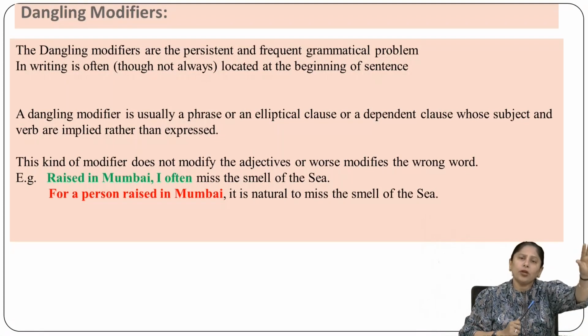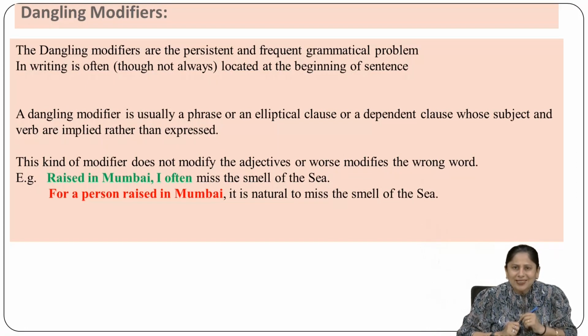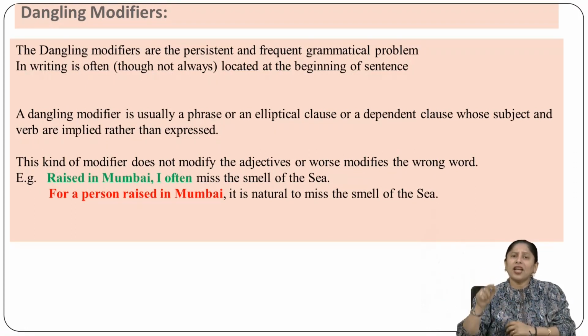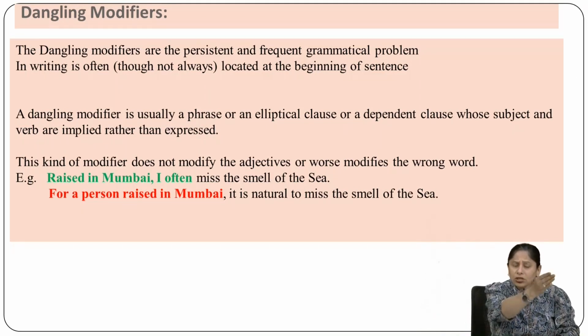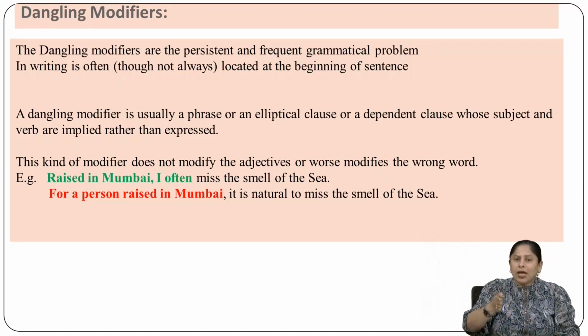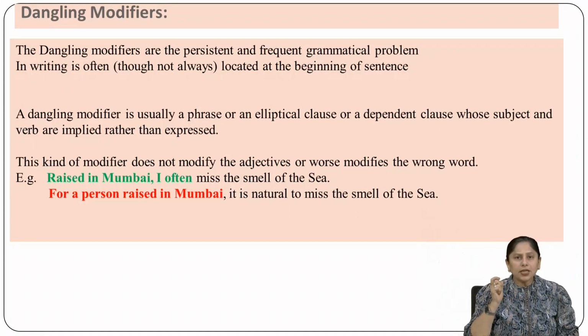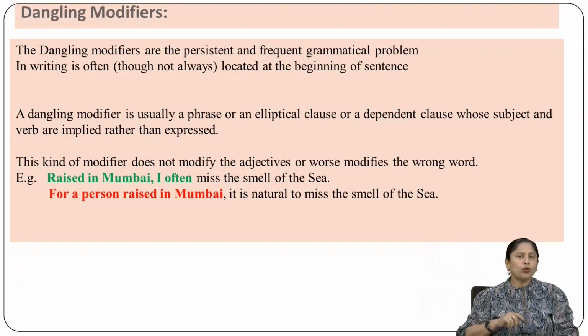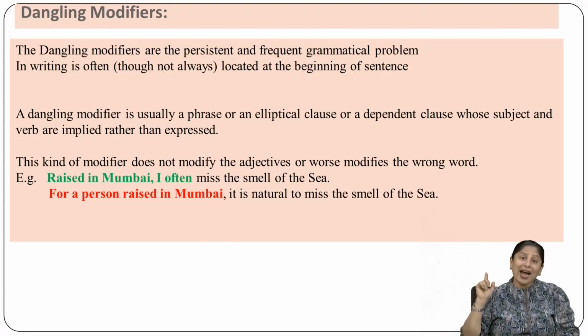Raised in Mumbai. If you read only this part, could you understand anything? Of course not. You need to understand the next part of the sentence. That's why it is dependent on this particular sentence. If you eliminate the "I often miss the smell of the sea" part after the comma and try to understand only the "raised in Mumbai" part, naturally you won't be in a condition to understand even half of the sentence.